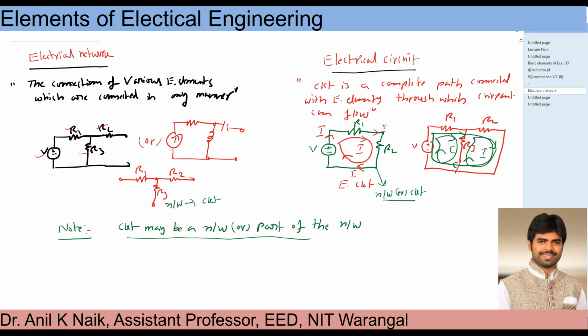You can define it like this. But when it comes to this particular diagram, this is a part of this network. This is a circuit. If you consider the whole diagram, then this is a network. So that is the meaning of this particular statement.